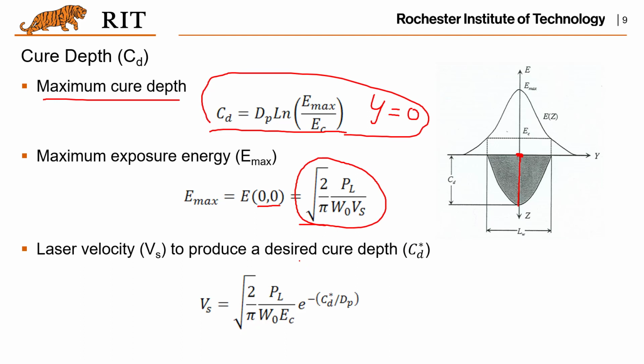As I mentioned, if you have a desired cure depth, which is represented by CD star, so you know this cure depth, and you want to determine what the laser velocity is, then what you can do is substitute this desired cure depth into the equation and reform the equation to find out what the laser scanning velocity Vs is.